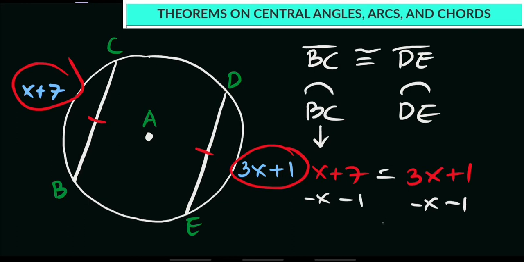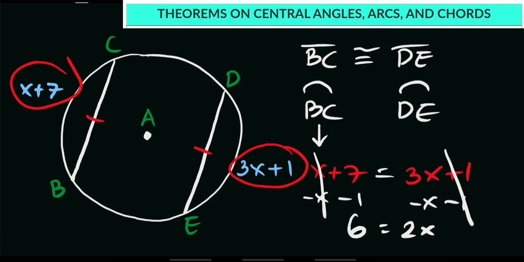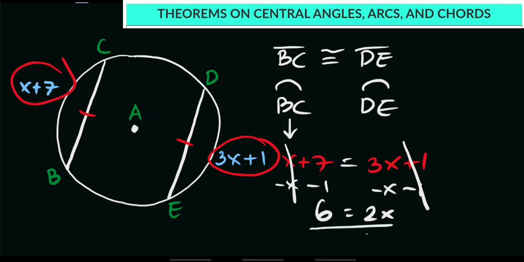Therefore, we have 3x minus x, that is 2x. Cancel this one, and then cancel x, and we have 7 minus 1, that is equal to 6. Then divide both sides by 2. Therefore, the value of x is simply equal to 3. So that is the answer.